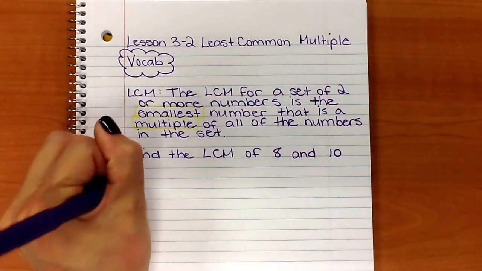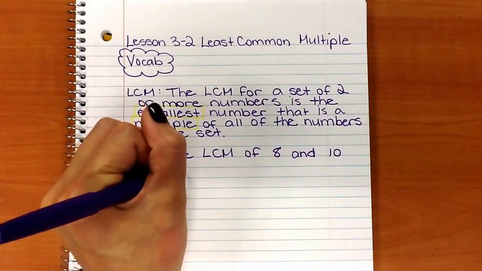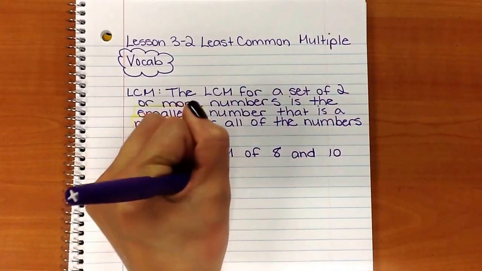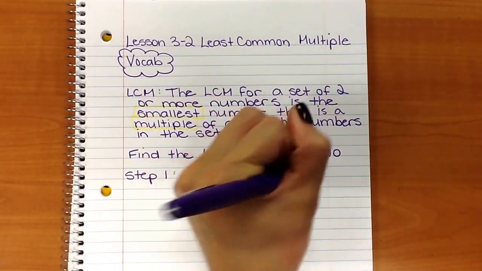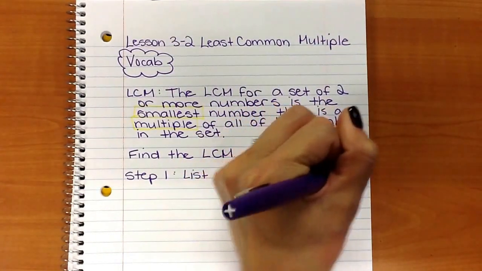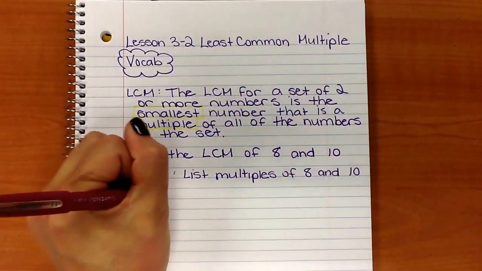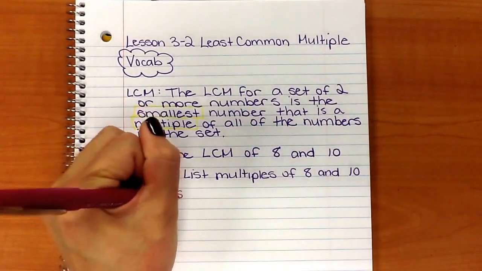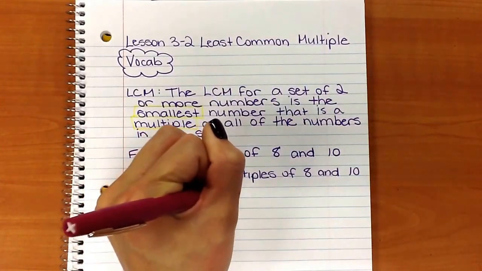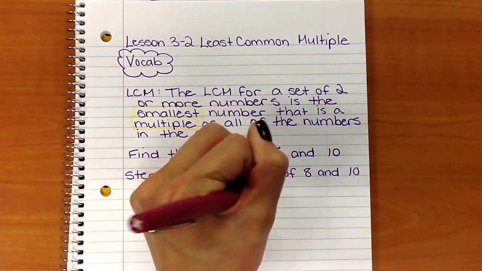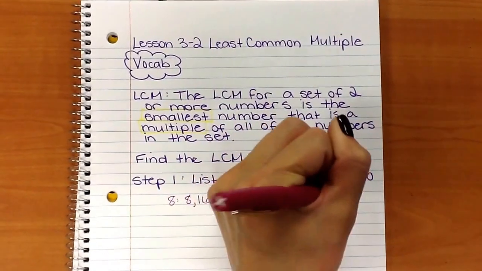So for step number 1, I'm going to list the multiples of 8 and 10. Okay, so my multiples are, for 8, we have 8, 16, 24, 32, 40, 48, 56, 64.